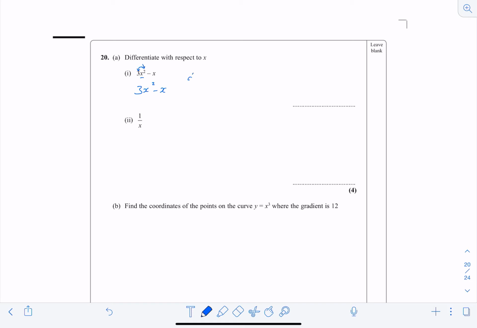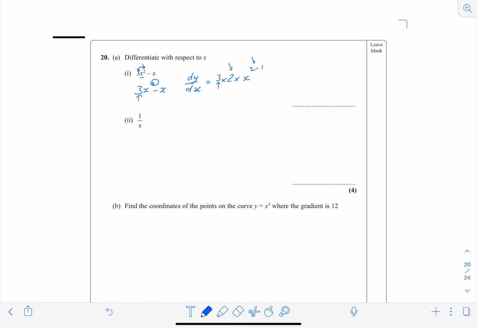What you do is you write dy by dx, and like I said, I do 3 times 2 times x to the 2 minus 1. So where does that 2 come from? That 2 comes from the original 2 there. The 3 is from the original there, and here we just reduce the index by 1.